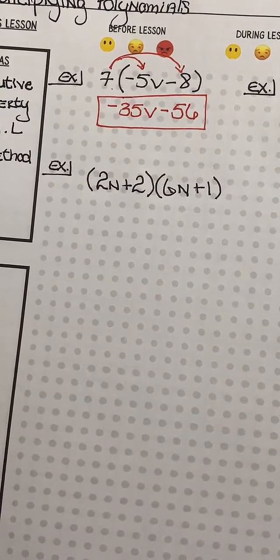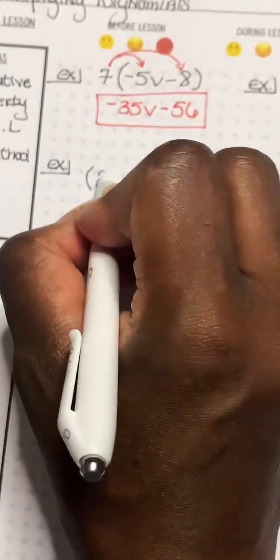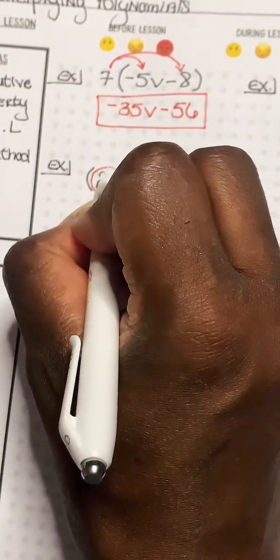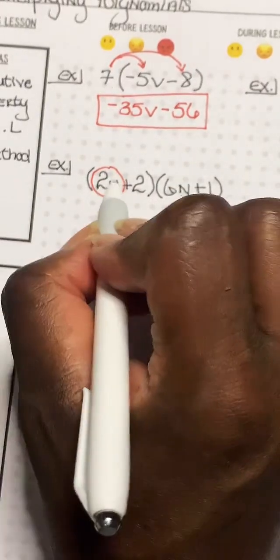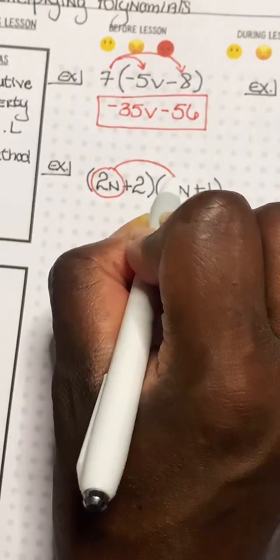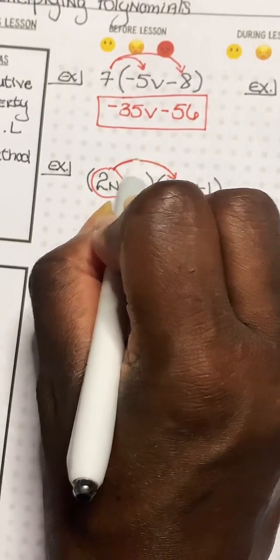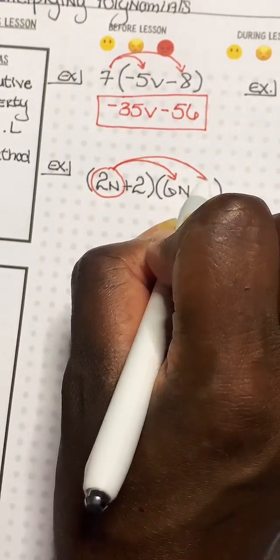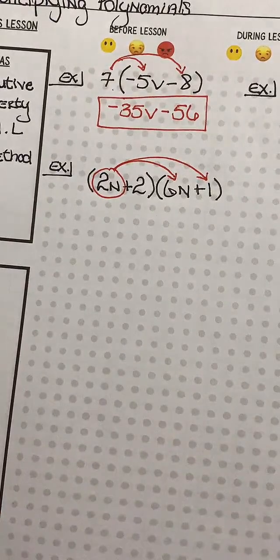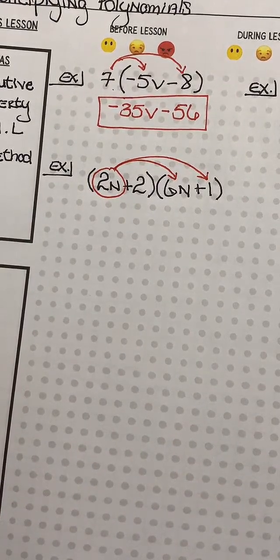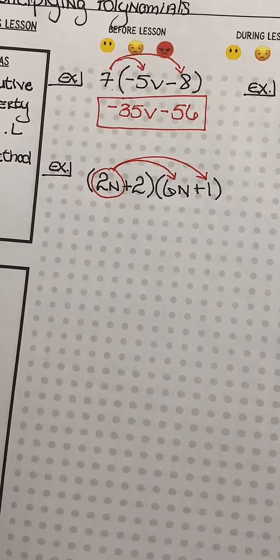So, this is what's happening. I'm going to take my 2n and I'm going to distribute to everything in that second parenthesis. Don't worry about which one's FOIL. Blah, blah, blah. Just take that first term and multiply it to everything in that second parenthesis.